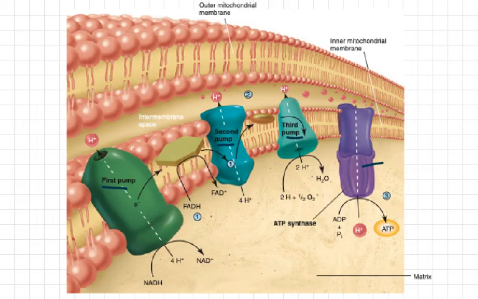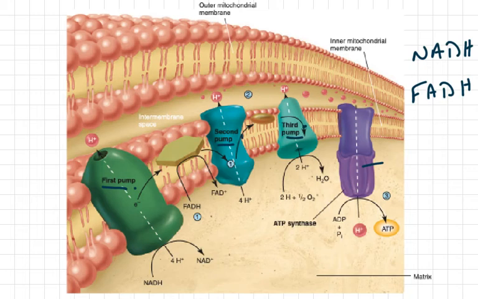Sometimes complexes 1, 2, and 3 are known as pump 1, pump 2, and pump 3. Either way, the names are interchangeable. What happens is the electron carriers NADH and FADH bring their electrons to the pumps to create ATP.